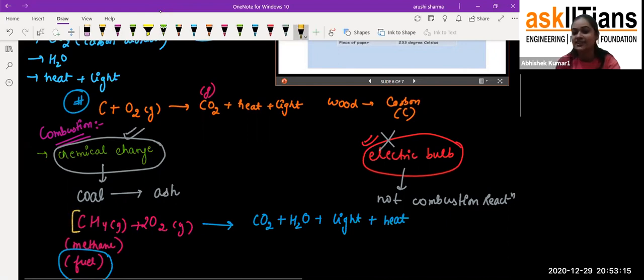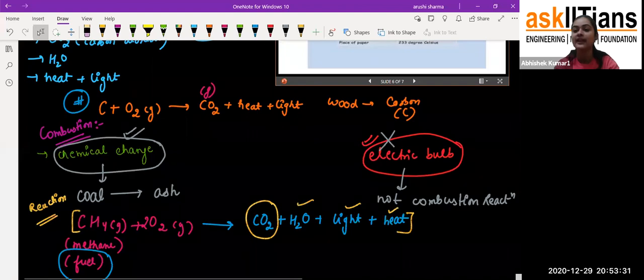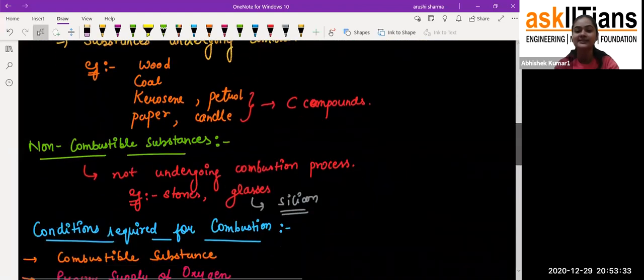Now this reaction is called the combustion reaction. What we are getting is carbon dioxide, water, light, and heat. And as I have told you, an electric bulb is not a combustion reaction. Fine. So this is how we have finished today's class.